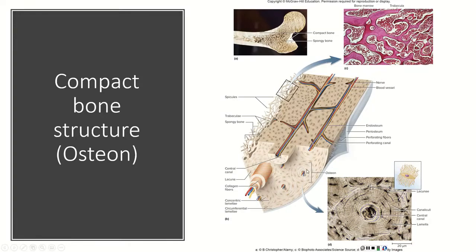And these layers that run around making the walls of that osteon are called concentric lamellae. Lamella means page or sheet. So these are like pages of a book, or really like the rings of a tree, I've always thought.